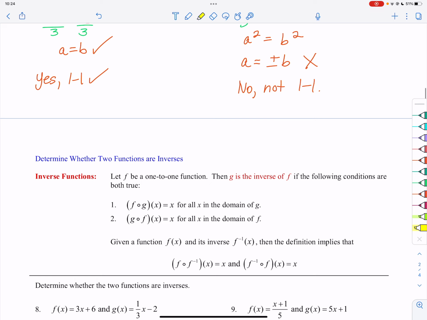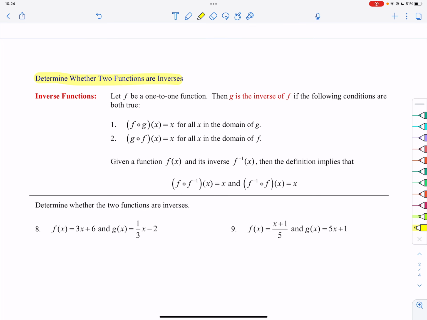Okay, now let's talk about inverse functions. Here we will determine whether two functions are inverses. We will use the composite functions f composed with g of x and also g composed with f of x.